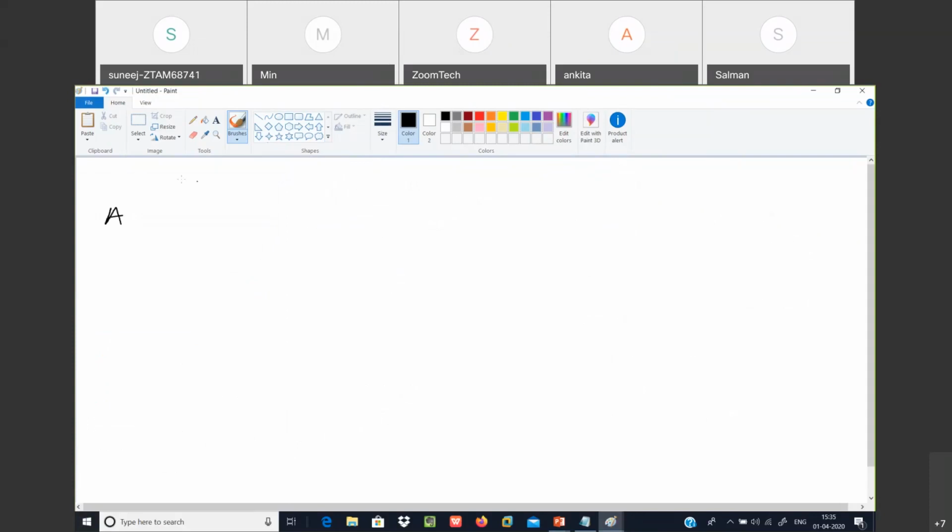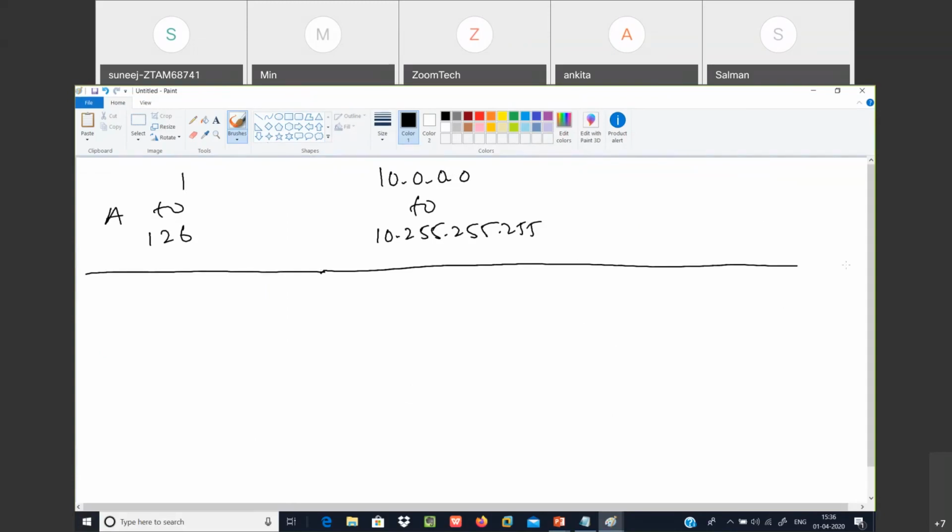Class A range is 1 to 126. From this range, IPs starting from 10.0.0.0 up to 10.255.255.255, the complete range, is the private IP address range from Class A. Class B range is 128 to 191.